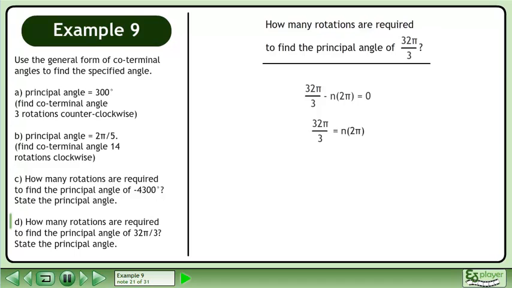Isolate the term with n on the right side of the equation. Multiply both sides of the equation by 3 to eliminate the fraction. Divide both sides of the equation by 6 pi to isolate n.